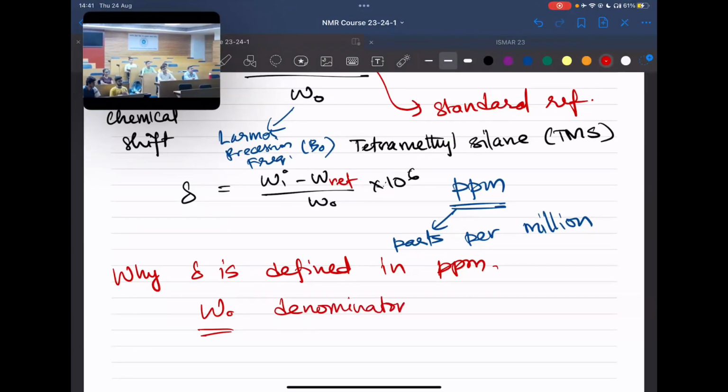Therefore, you want a parameter, delta, that is independent of the B naught field that is applied.